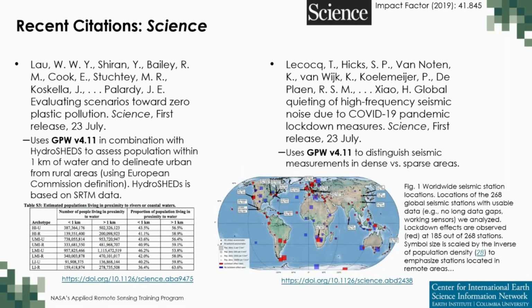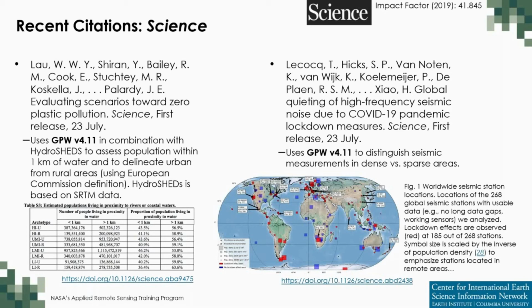So to give a few examples of the variety, I've pulled some from some higher profile journals. These have both appeared in 2020 in Science. Our GPW version 4 is often used to help characterize, of course, proximity of population to different things, in this case, water bodies, rivers, and coastlines.